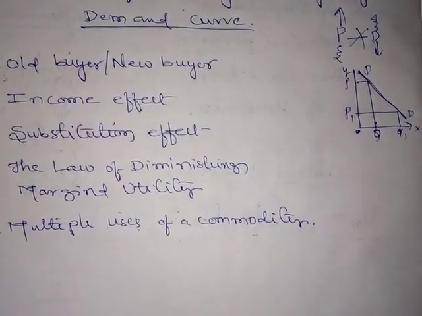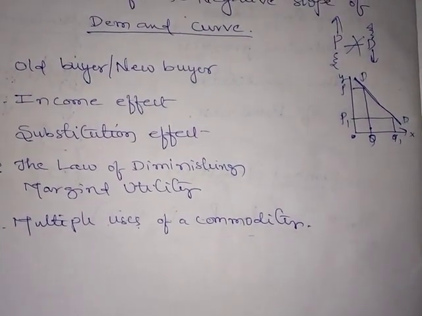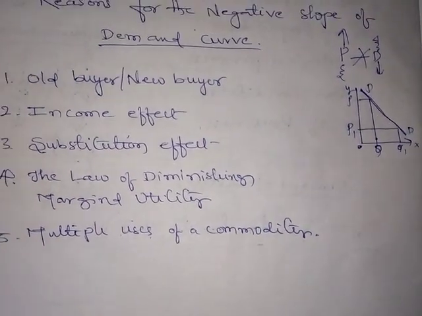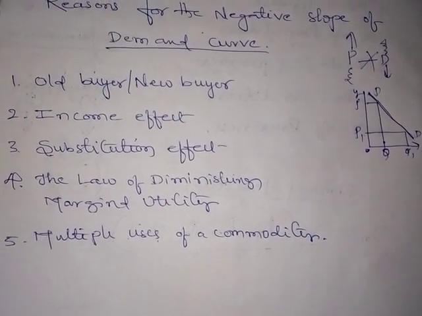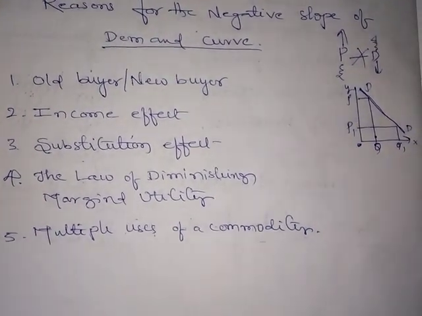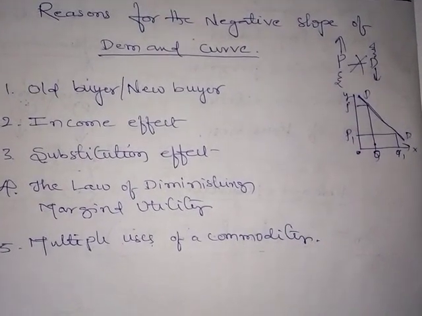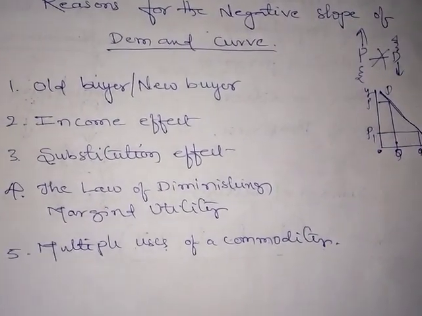Right? Then here we have to understand why demand rises with a fall in the price of a commodity, and why demand falls with a rise in the price of that commodity.